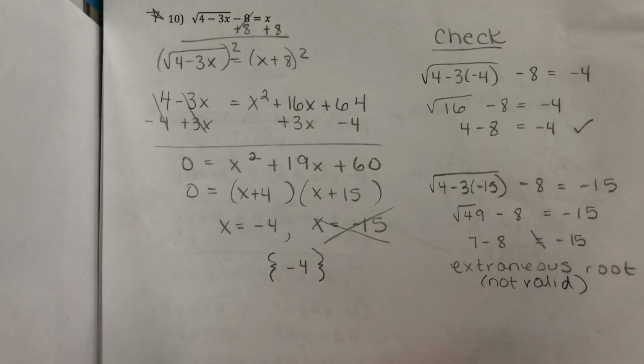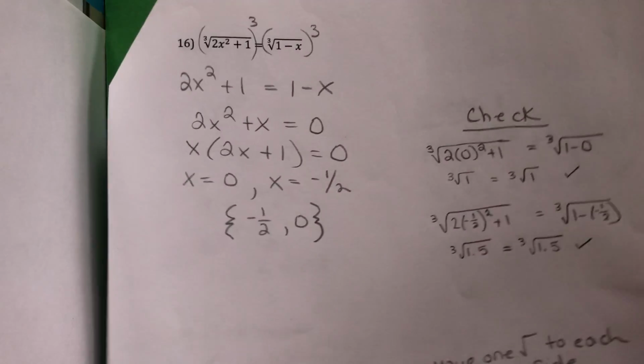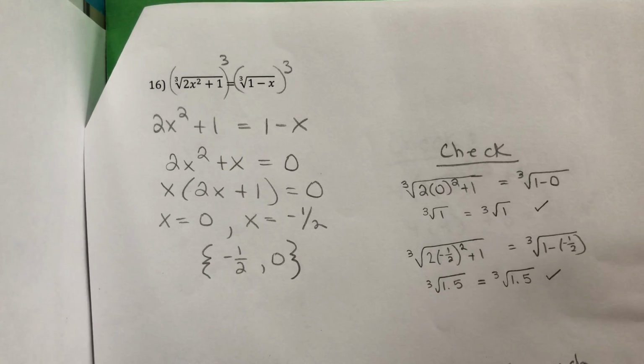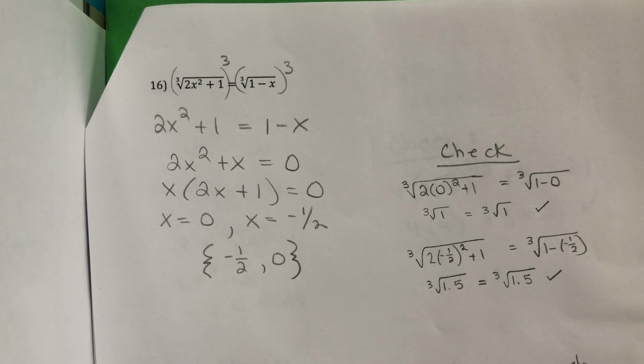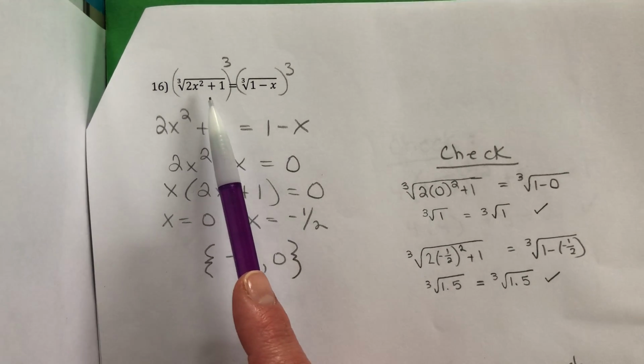Let's go ahead and take another look at a different example. Again, as always, feel free to stop and rewind as you feel needed. So in this problem over here, we have a cube root and not a square root, which is no problem. In order to start off this, I want to isolate the radicals.